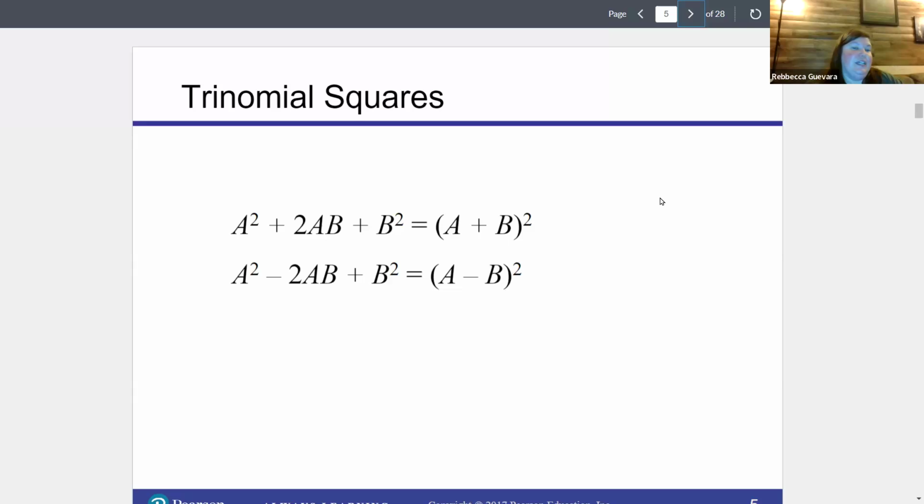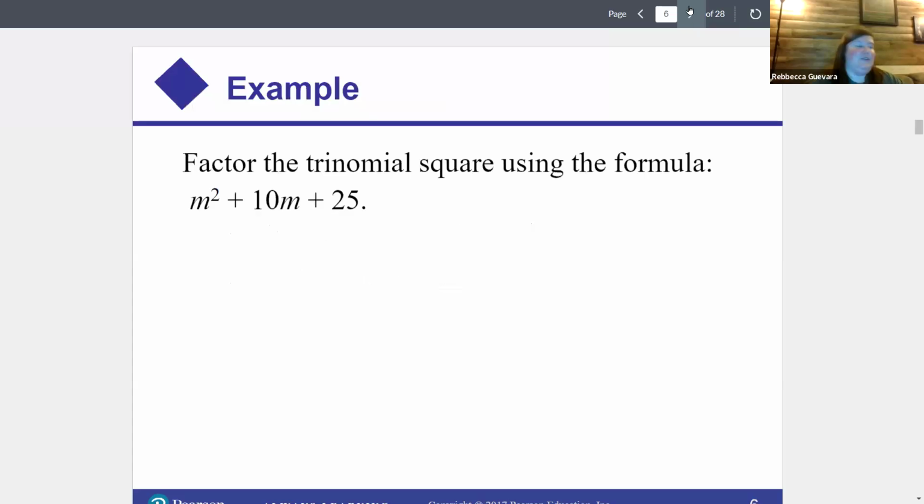Then if the center term is negative, we'd have a squared minus 2ab plus b squared equals a minus b squared. All right. So if you can factor this and not have to worry about the square trinomial, that is fine. We're just going to show you how we do this.